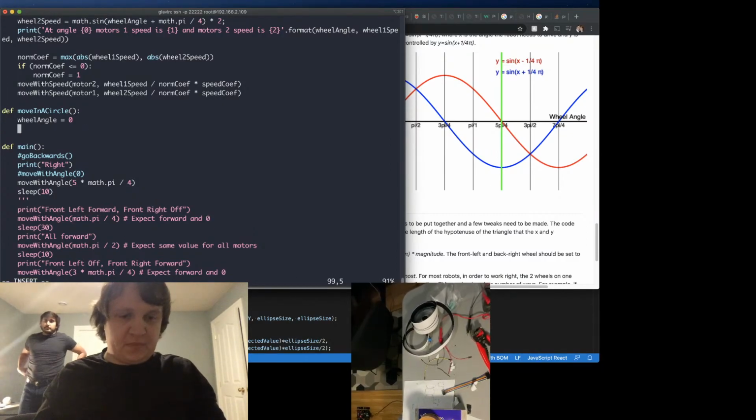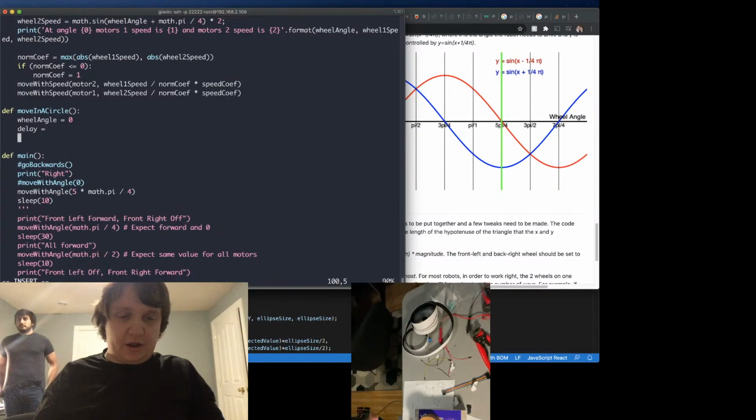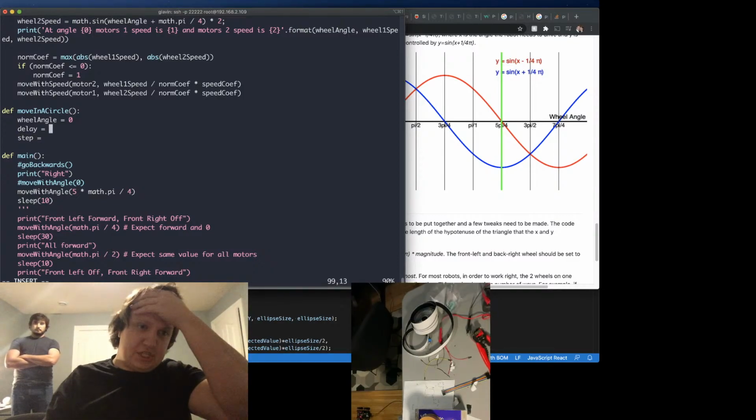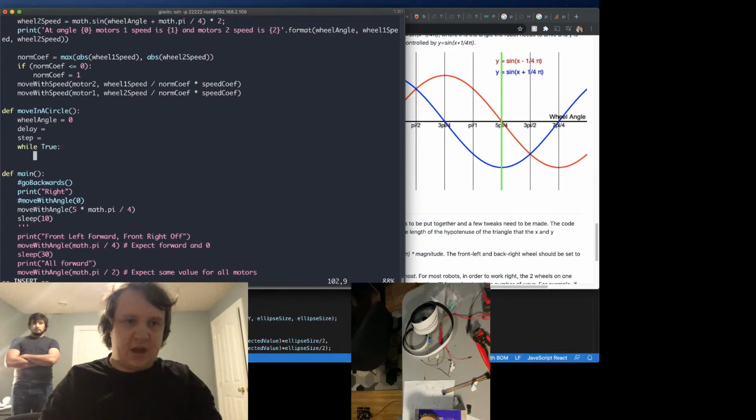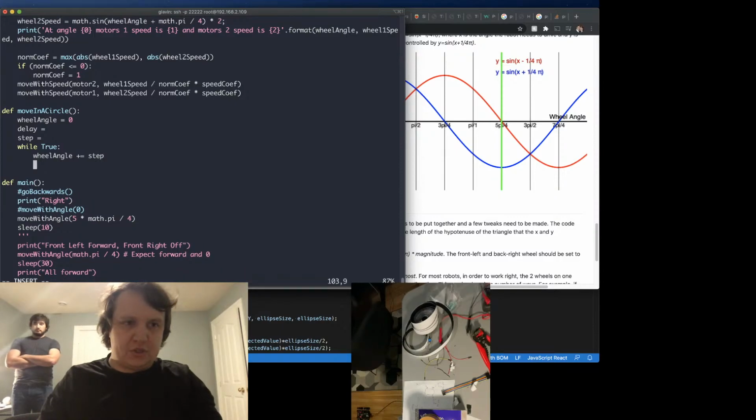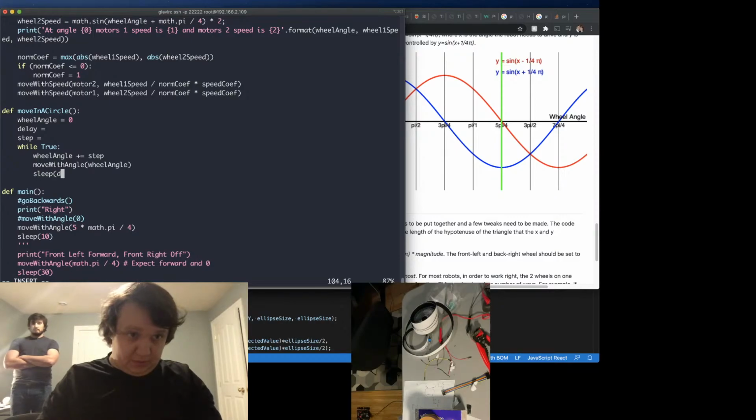I guess we'll do the 4 quadrants. I need a delay there, and I need a step. So I'm going to break it down into steps and delays so that we can just loop forever. So while true, wheel angle plus equals step, and then we move with angle, wheel angle, and then we sleep with a delay.